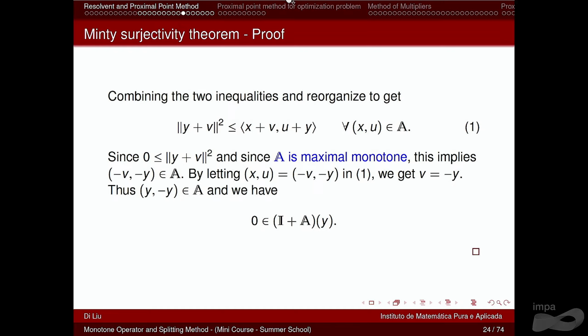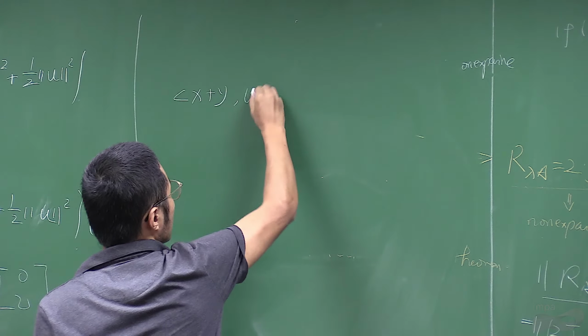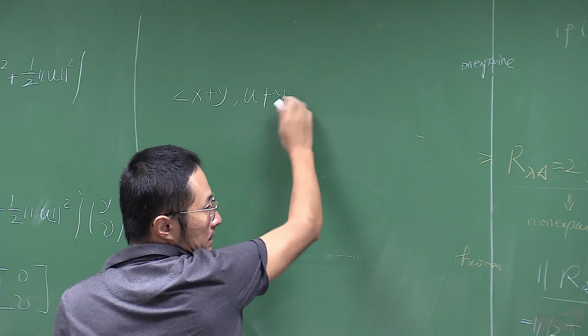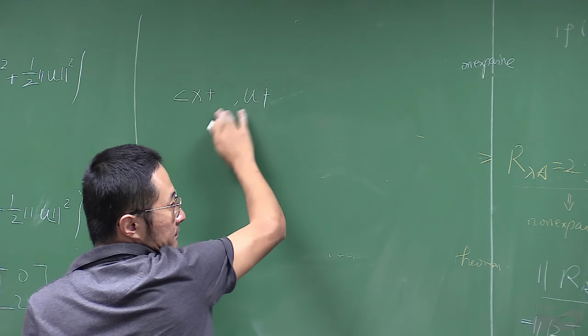So because, I write it here, explain a little bit here. First, we have this x plus y, and u plus x plus v.